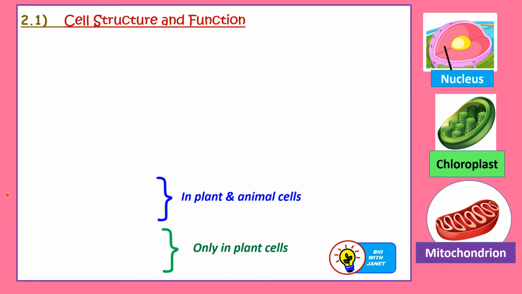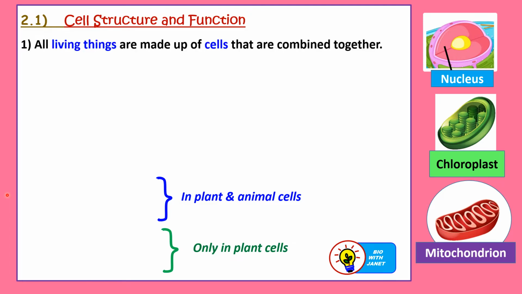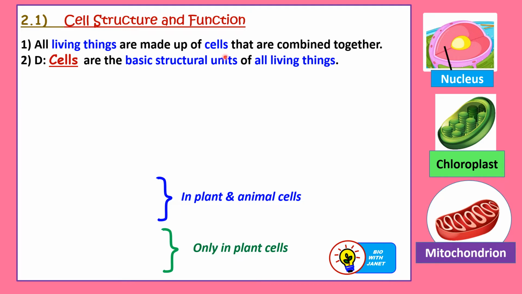So first, let's discuss cell structure and function, subtopic 2.1, right? Now, all living things are made up of cells that are combined together. Okay, so cells are like the building blocks of the bodies of organisms. Now, the definition for cells are the basic structural units of all living things, right?